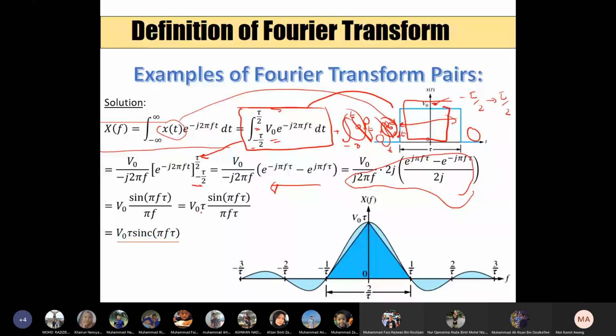So this is equal to V naught tau sine of pi f tau over pi f tau, and this is actually a sinc function. It can be written as V naught tau sinc of pi f tau.